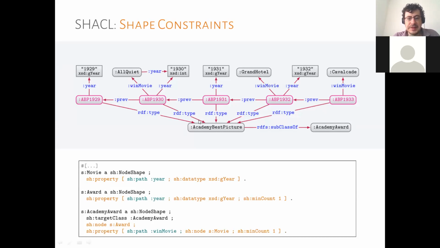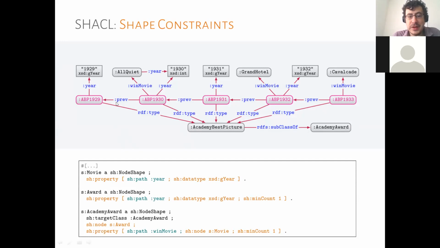So if we look at this example here and we see what's targeted, we're targeting instances of Academy Award, apologies. And we see that we target all of these because they're not directly instances of Academy Award, but they're instances of a subclass of Academy Award.